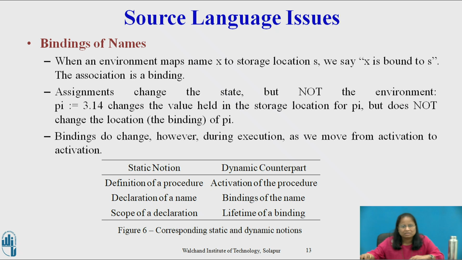When the environment associates storage location S with the name X, we say that X is bound to S. The association itself is referred to as a binding of X. If X is not of basic type, the storage S for X may be a collection of memory words. A binding is a dynamic counterpart of a declaration, as shown in figure 6.